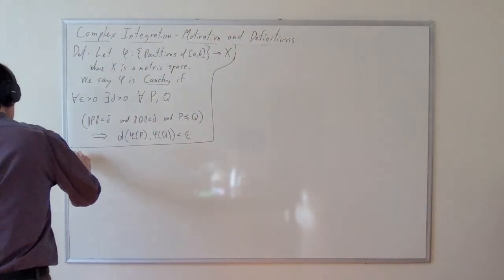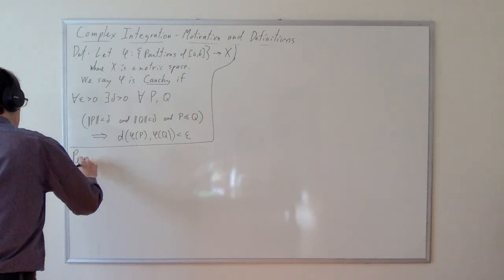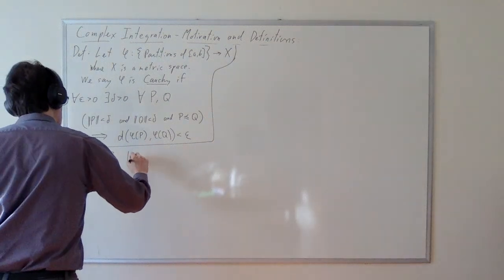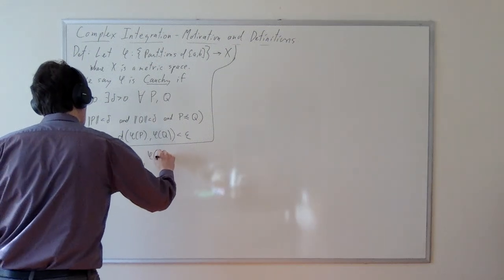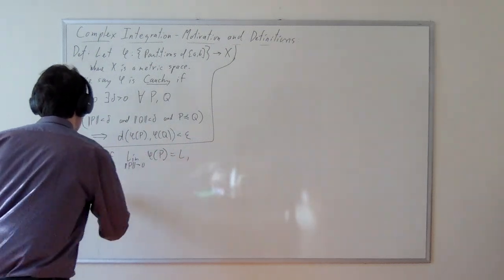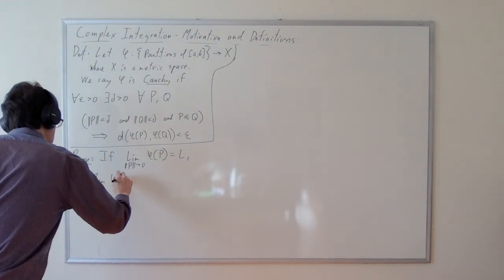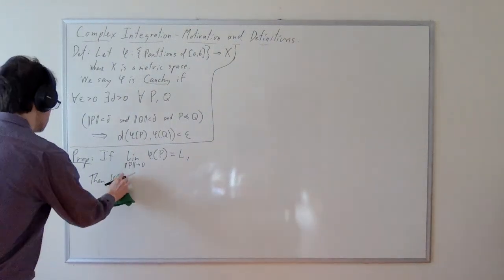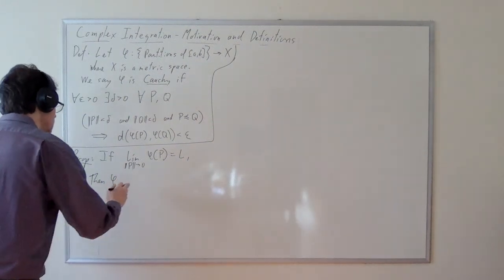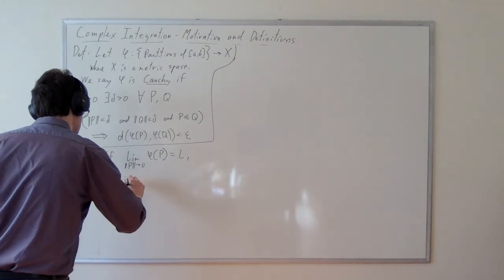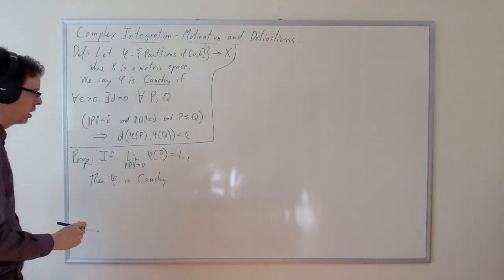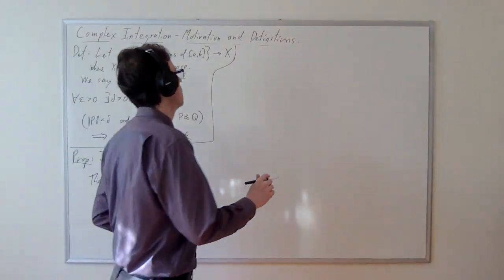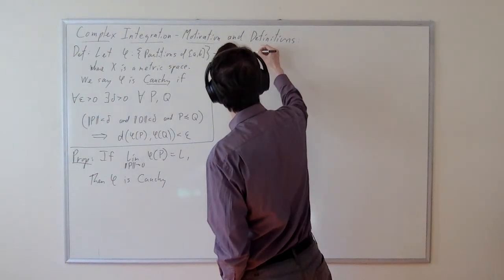So let's just call that a proposition. If the limit as the norm goes to 0 of phi of P equals L, then phi is Cauchy. Notice it's phi that gets to be Cauchy, not P or Q. This is the easy version, and we'll prove this first, and it won't take long. So, proof of this.